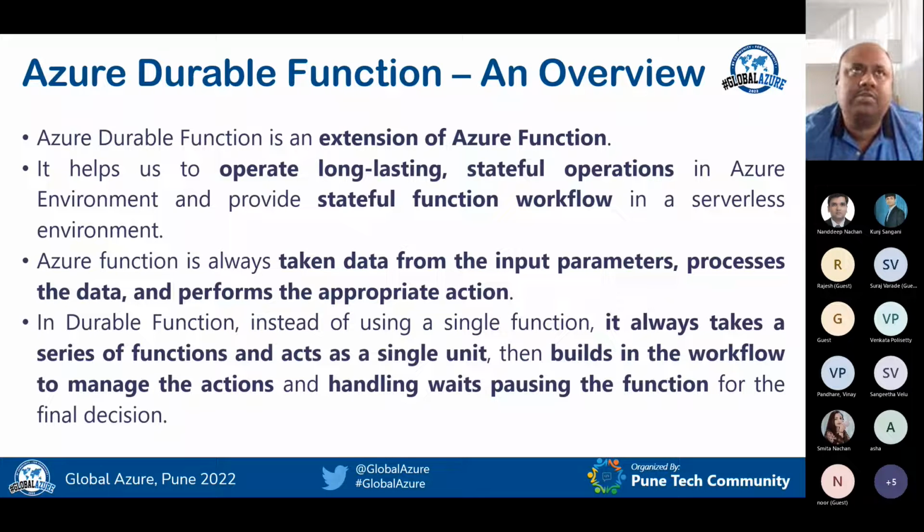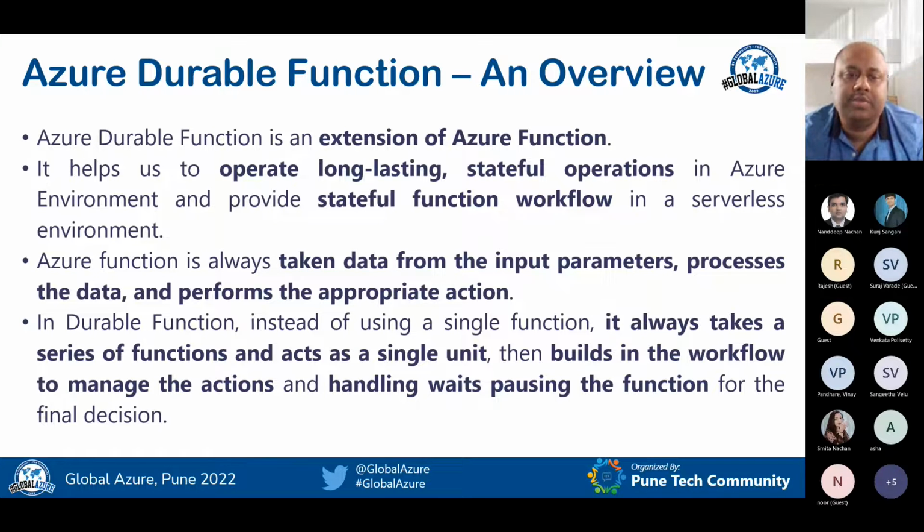That is, after the execution of one function, which function is to be executed next, and that call we need to make. Accordingly, it will wait for the entire execution, and after that it will produce the output, giving us the final decision. So this is the basic difference between Azure functions and durable functions. An Azure function takes a single input, processes it and gives an output, and once the output is completed, the function's lifespan is completed.